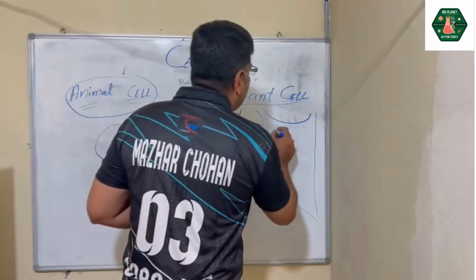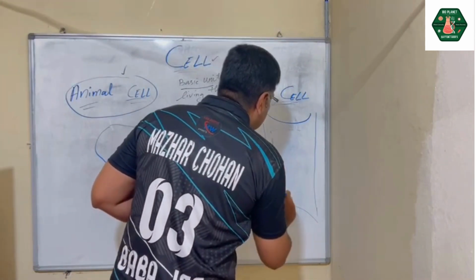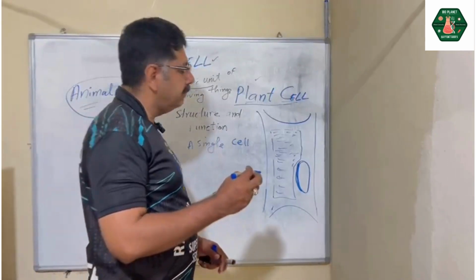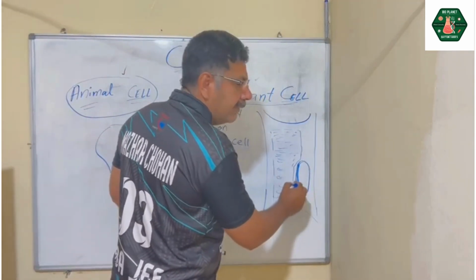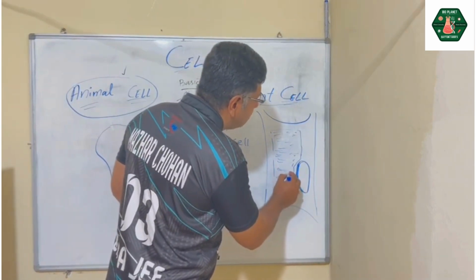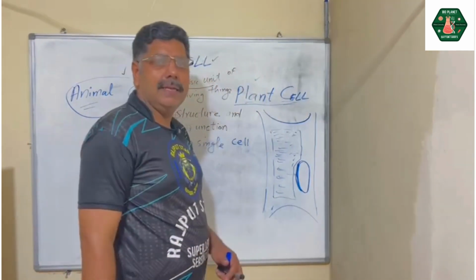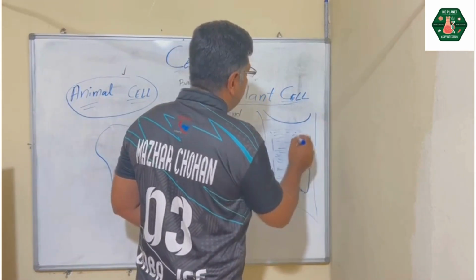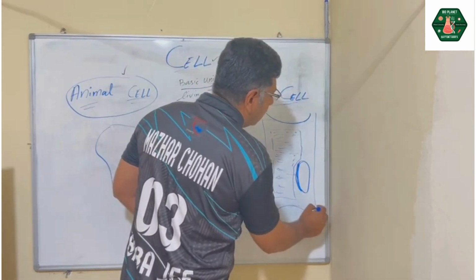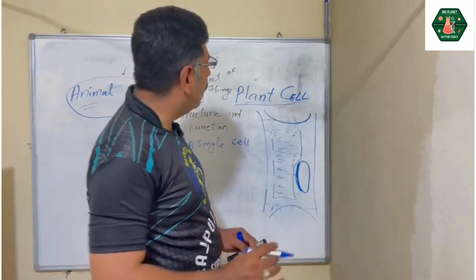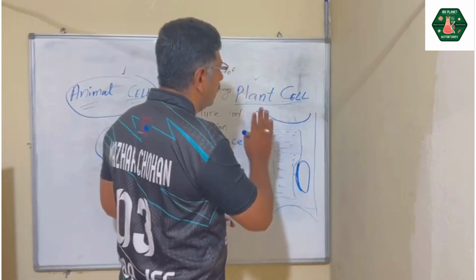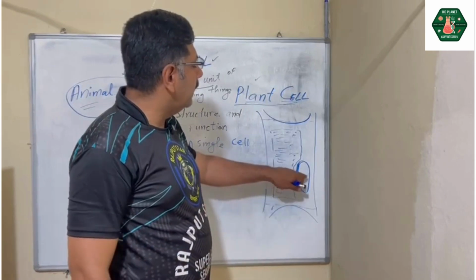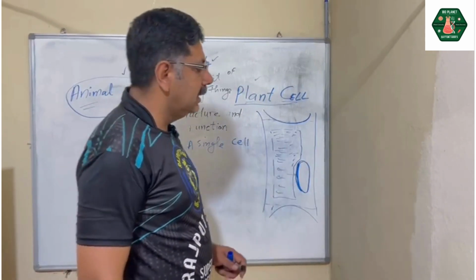Here we see the large central vacuole has pushed this nucleus to one side, and the shape of the plant cell is rectangular. So here the vacuole is central and large, and the nucleus is at one side.